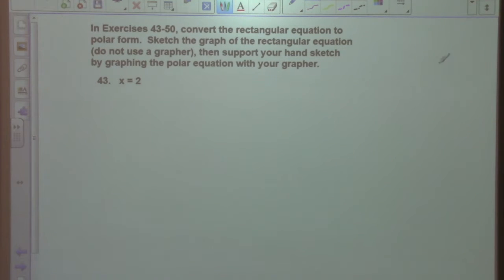I'm going to go ahead and continue and write down, like I did yesterday, the identities that are going to be helpful to us. We know that x is going to be equal to, as Justin was telling us yesterday, r cosine theta. y is equal to r sine theta.